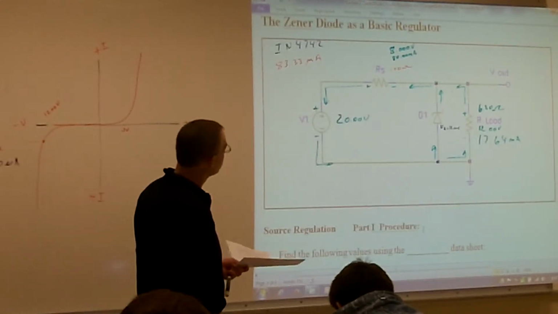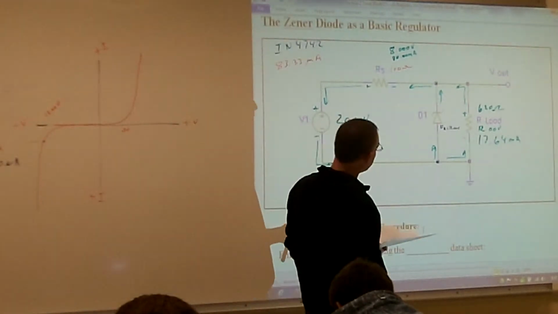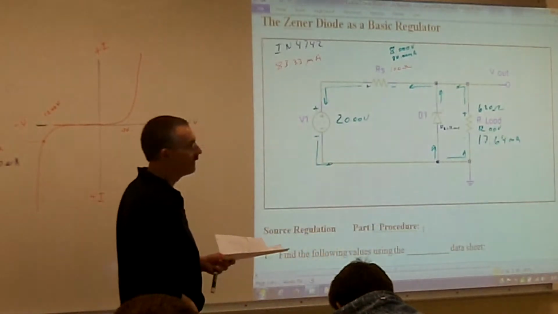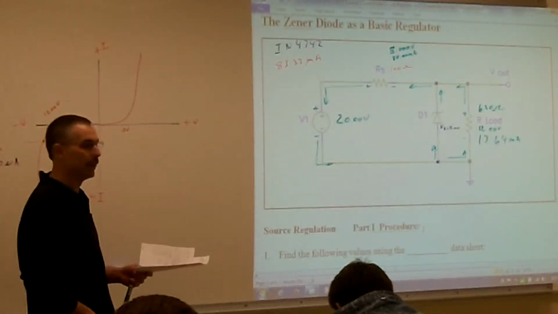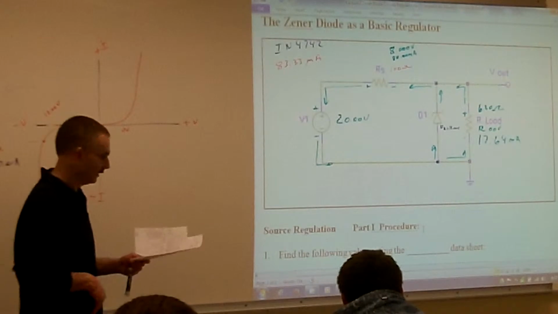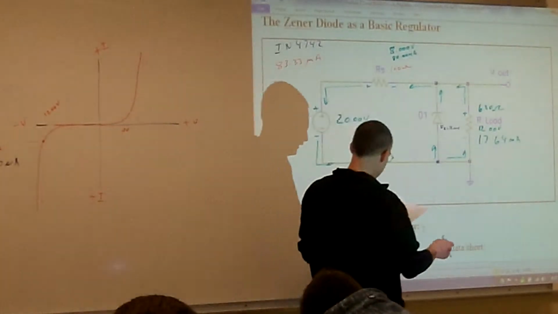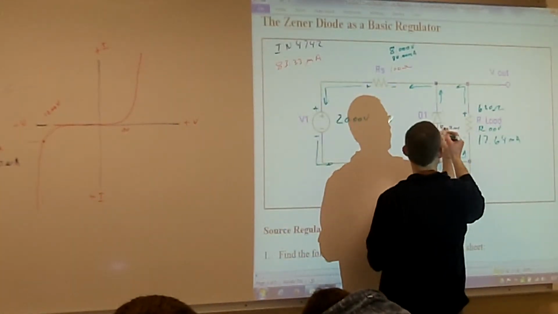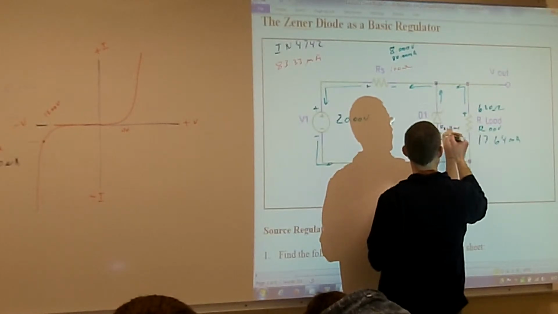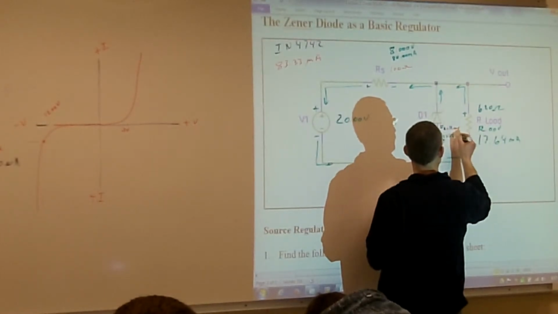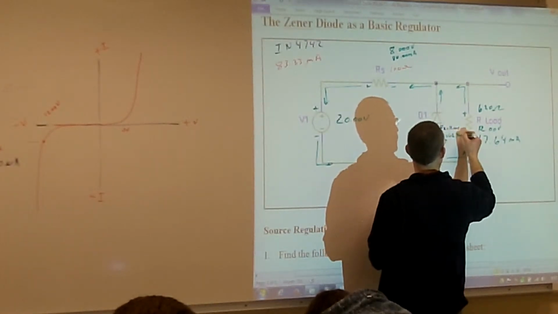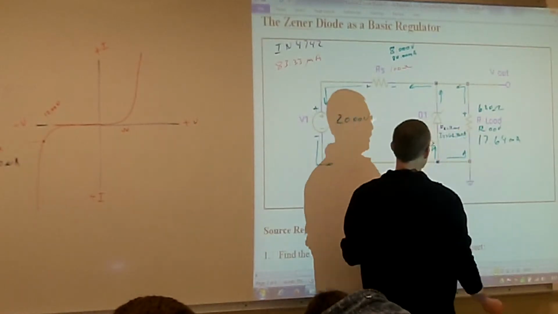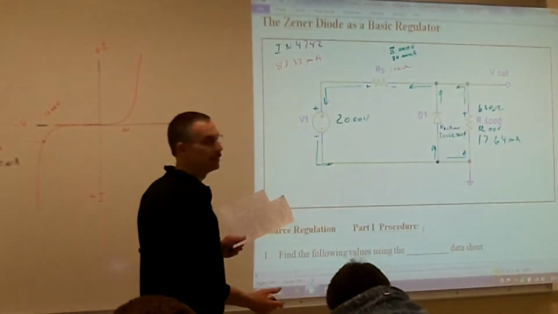So how much current do I have going through my Zener then? And how do I calculate it out? 62.36. All right. So the current of my Zener is equal to 62.36 milliamps. How did you figure that out? I subtract.